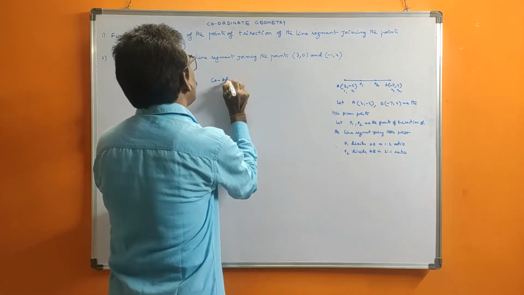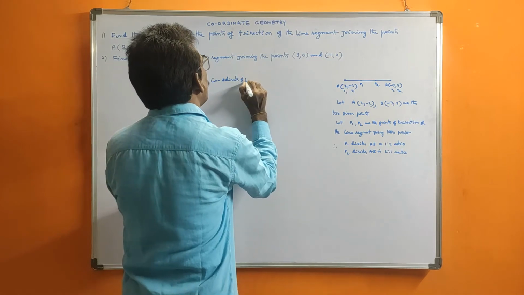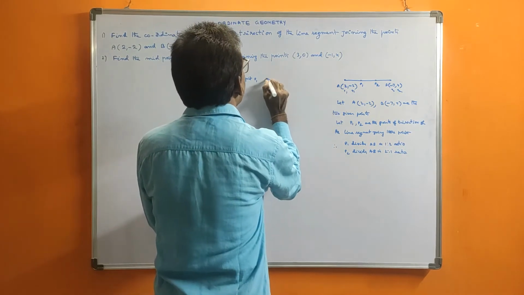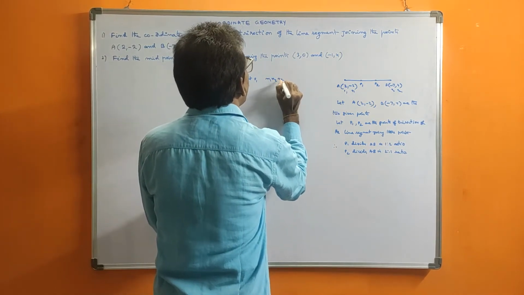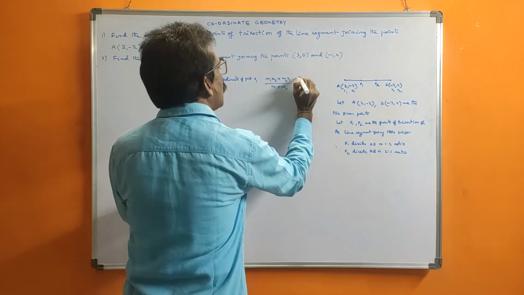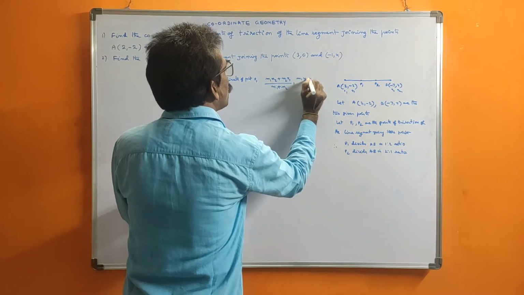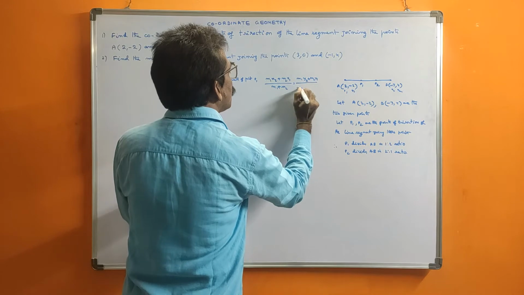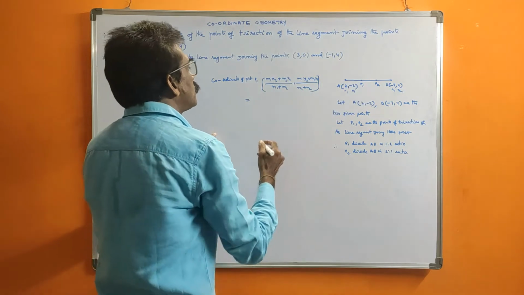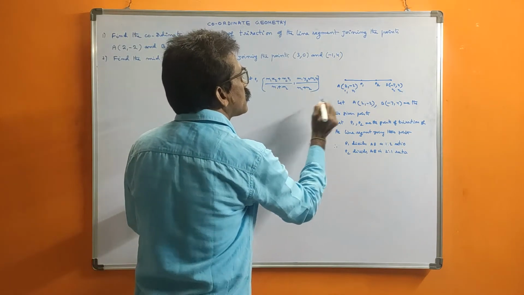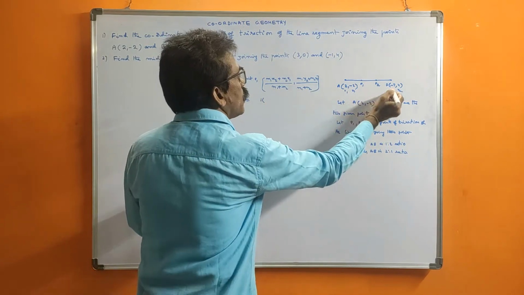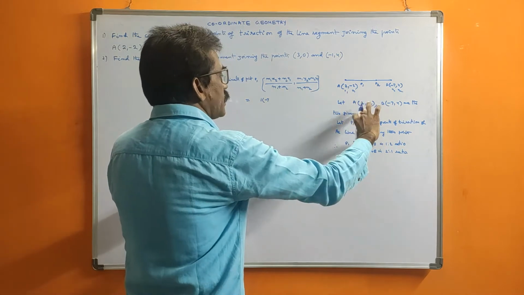Therefore, the coordinates of point P1 are ((m1x2 + m2x1)/(m1 + m2), (m1y2 + m2y1)/(m1 + m2)). In this we substitute the points. For P1, m1 is 1, x2 is -7, m2 is 2, x1 is 2, over 1 plus 2.